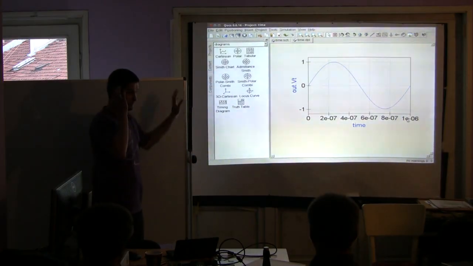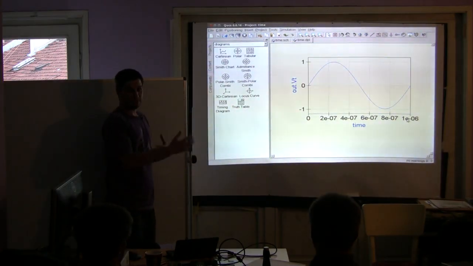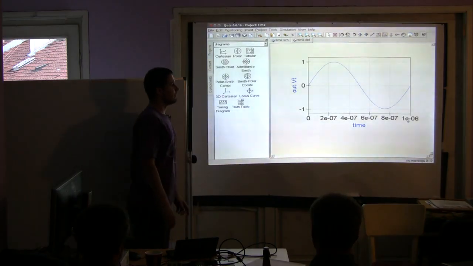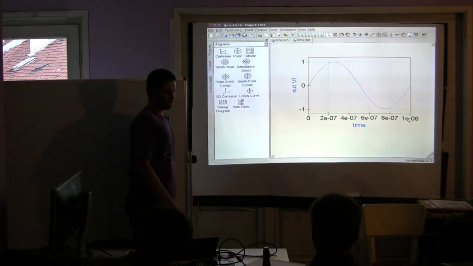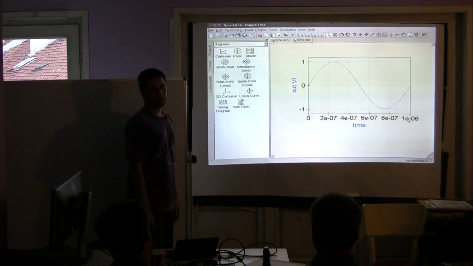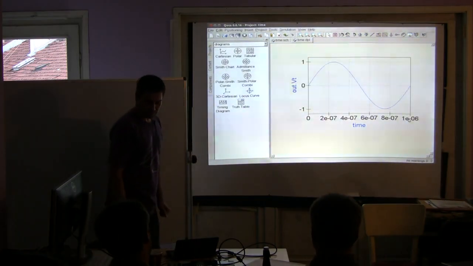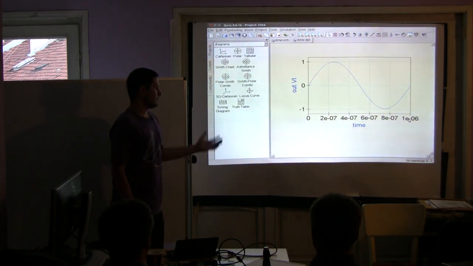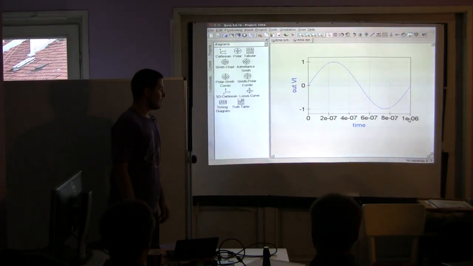Does everybody see this? I mean, frequency and time. We have to be very flexible, and we have to be able to switch between time and frequency, because integrated circuits work at high frequencies.